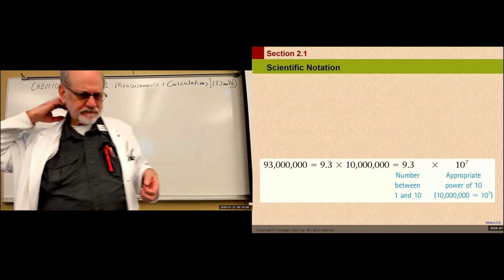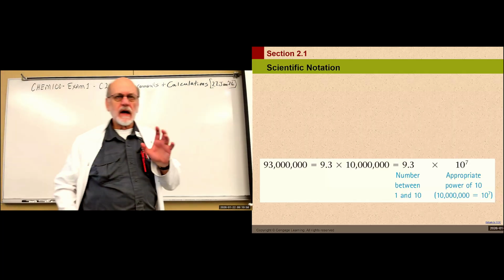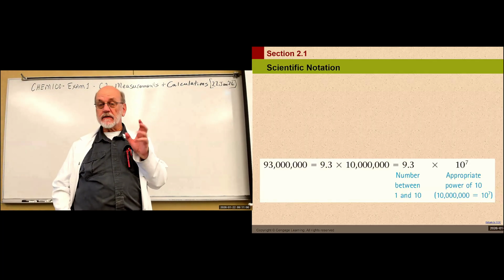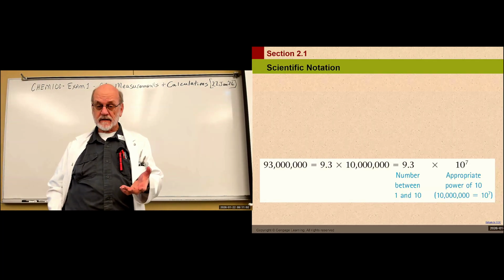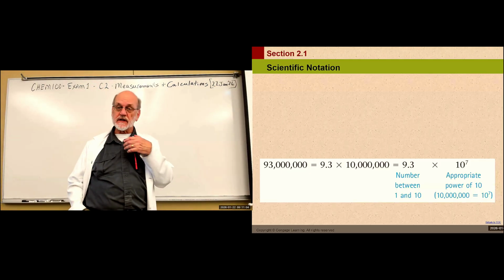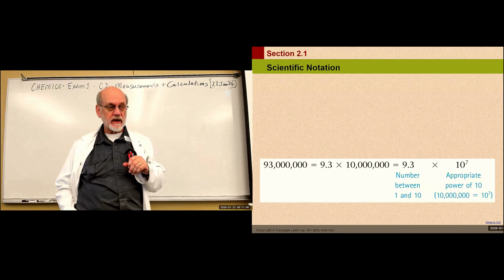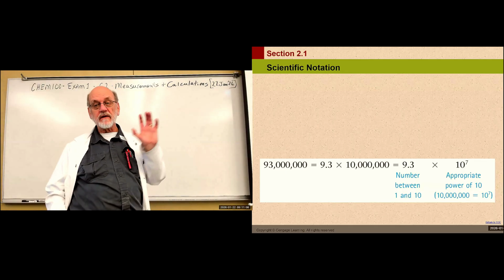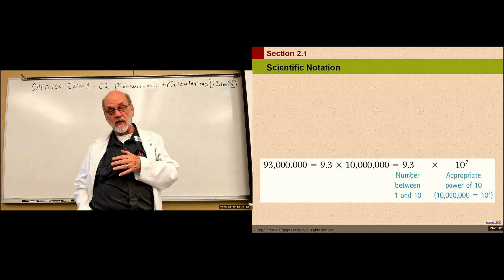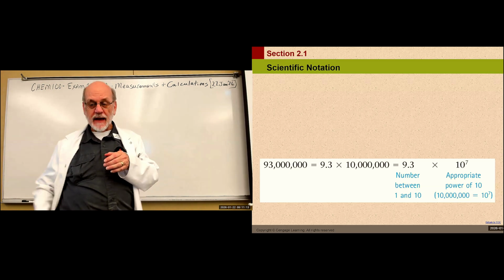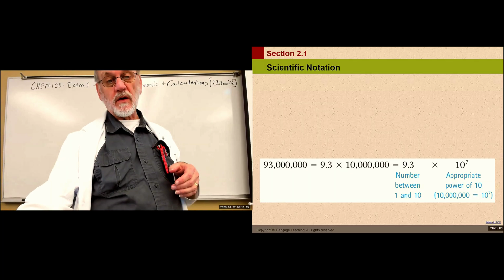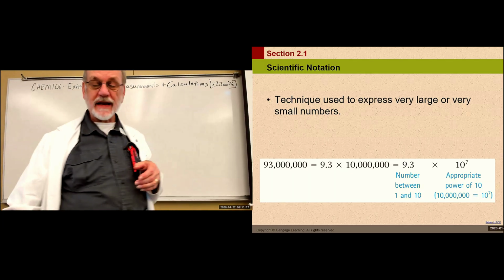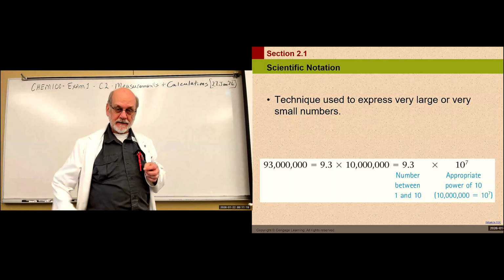Scientific notation. Some numbers, even if we pick the units correctly and to give us a manageable size number, sometimes those numbers get very, very large or very, very small. In this example, we have a very large number, 93 million.